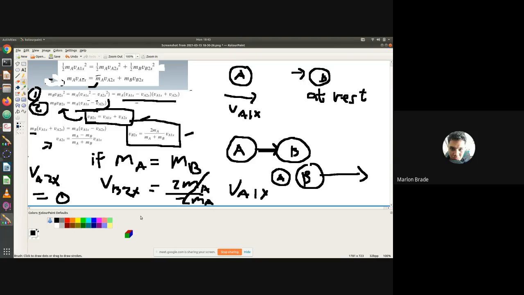Then after sa collision, ang nahitabo kay ang final velocity ni A is equal to 0, which means si A kay nihunong. Then si B is nag-move dito with a velocity VA1x. So kung unsay velocity ni A from the start, mao pod velocity ni B, yung dagan. So, okay? Question? Naa may pangutana?